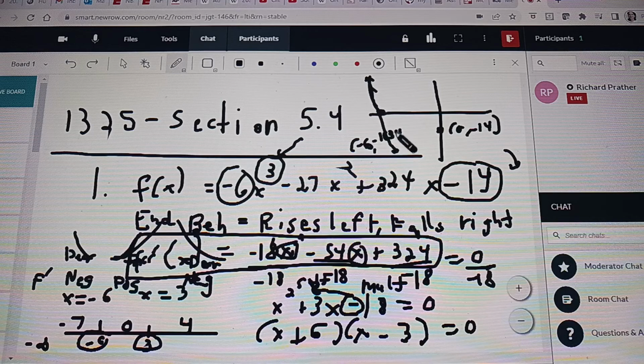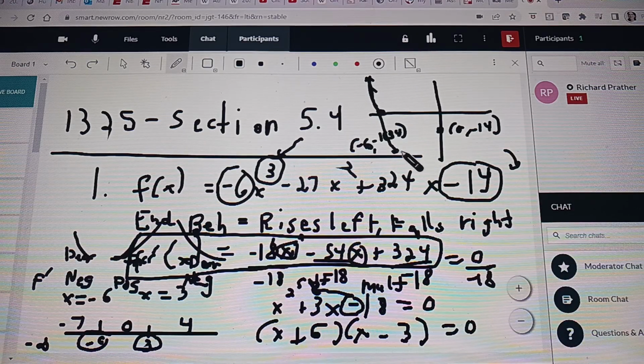But we can get exactly how far down that's going. This will decrease all the way till -6, and then at -6, that's a local minimum. So then you need to start increasing after that, and then you'll pass through this y-intercept, and then apparently when you get to 3 whatever is going to be the local maximum.